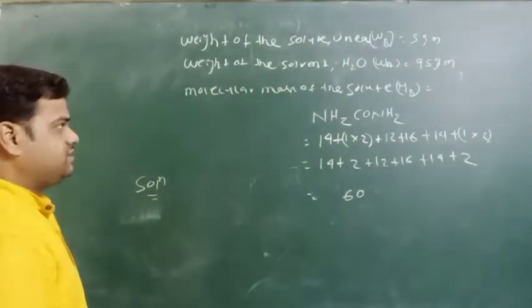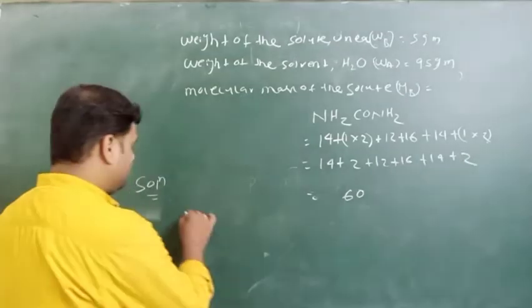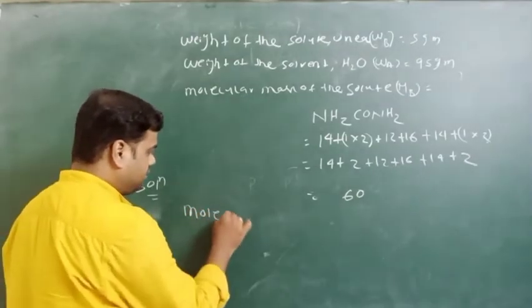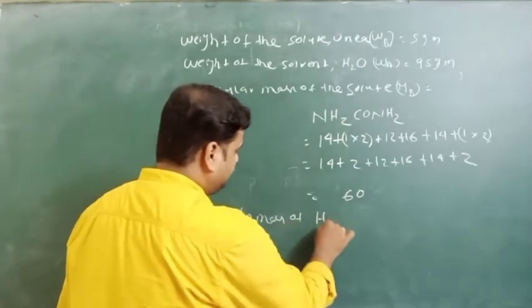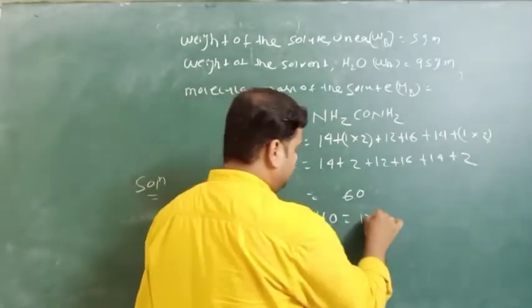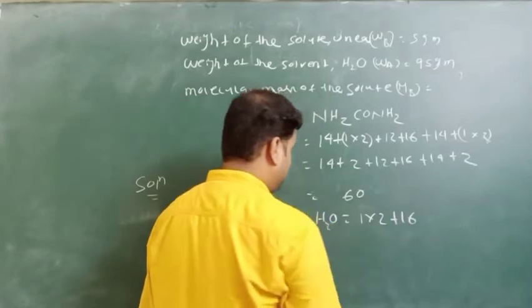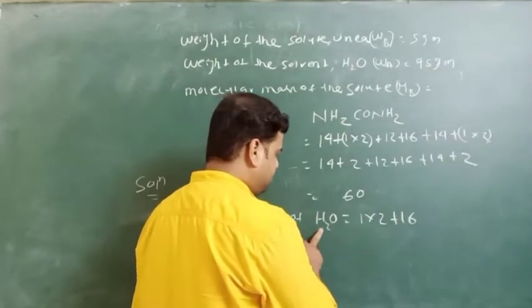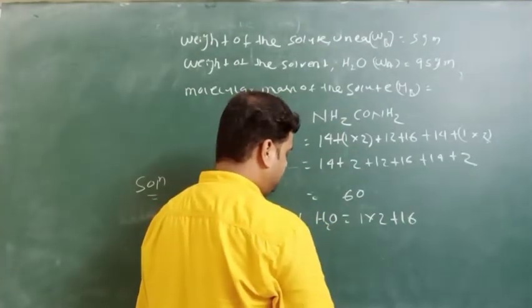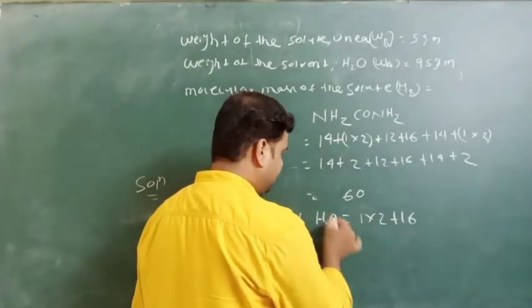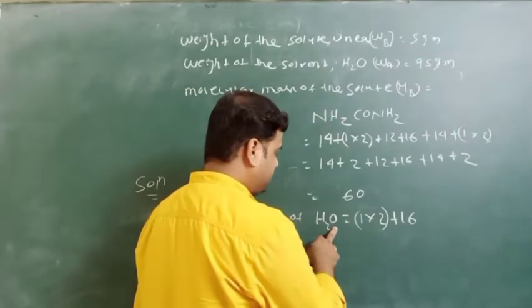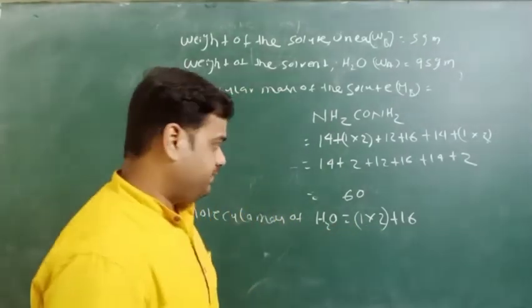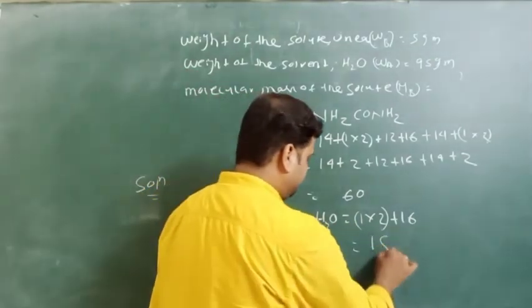The molecular mass of the solute will be 60, and the molecular mass of water, H2O, is 1 into 2 plus 16. The atomic mass of hydrogen is 1, multiplied by 2 because there are two hydrogens, and the atomic mass of oxygen is 16. Then it will be 18.